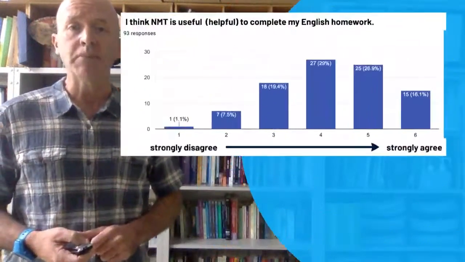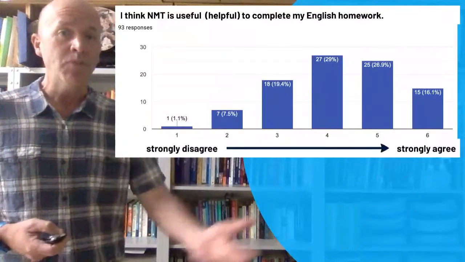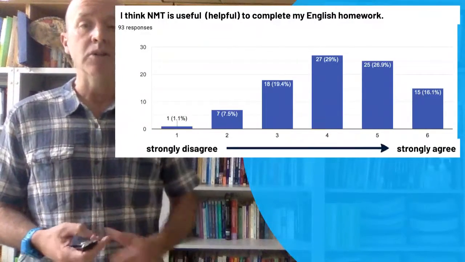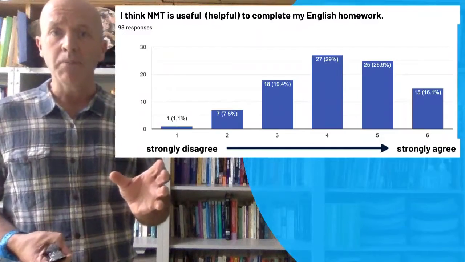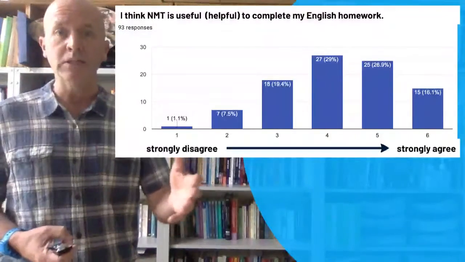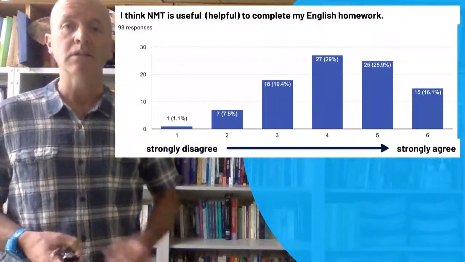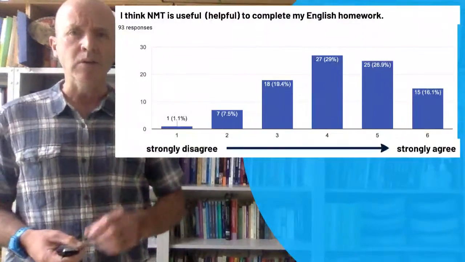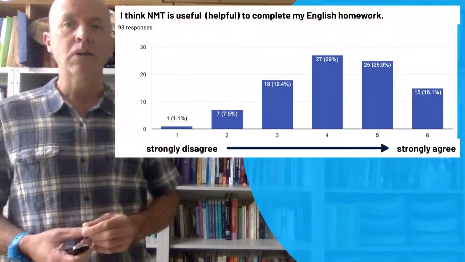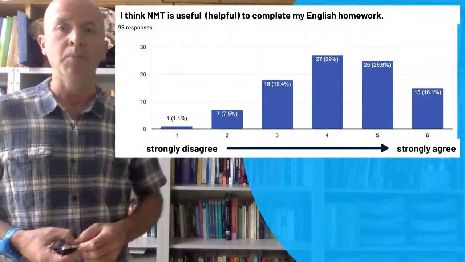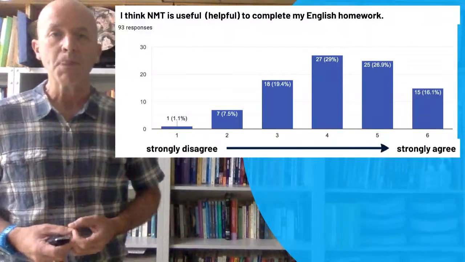The next question was simply, is it helpful to you, is it useful to you, to complete your English homework? Again, I should probably point out this was all done in Japanese, their L1. That's why I use the words useful and helpful, because in Japanese the word could mean both of these in English.